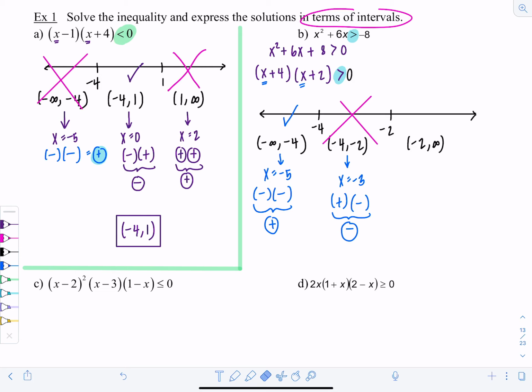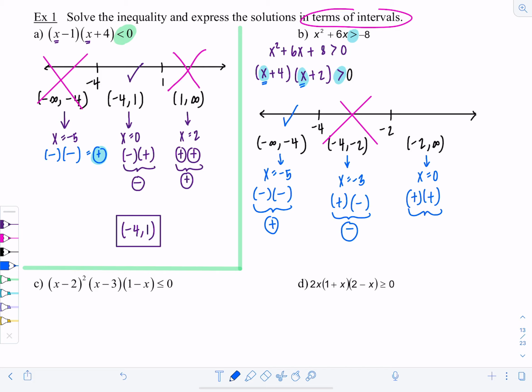Okay, last interval is from -2 to infinity. What do you want to test with in there? I say how about x equals 0? That's always such a nice one to test with when you can. Okay, so go back to the factored form. 0 plus 4, that's positive. 0 plus 2, that's also positive.